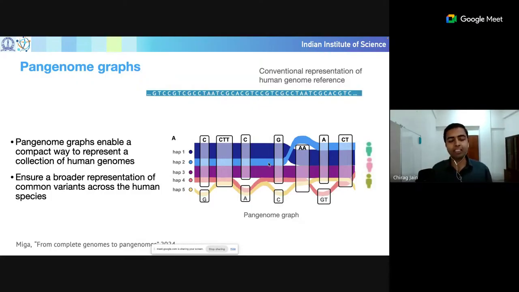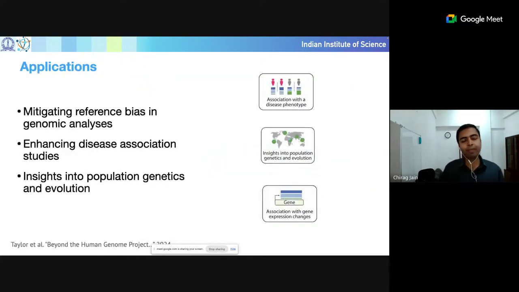A graph-based representation offers benefits that can help improve genomics accuracy. There are a number of applications of pangenomes, especially in the context of human genomics. They allow us to mitigate reference bias, enhance disease association studies, and of course, give insights into population genetics and evolution. For those who are still learning about this topic, there are excellent review articles written on pangenome algorithms and pangenome applications, so I refer you to those for more information.